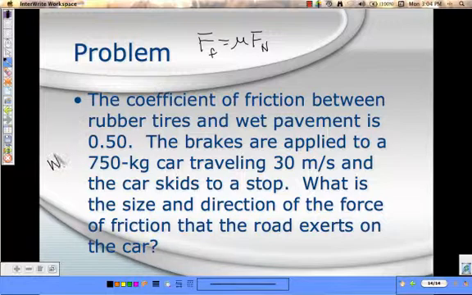So what's the weight of our car? $7,350.